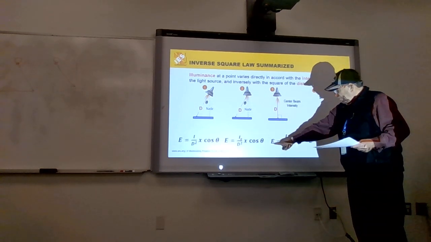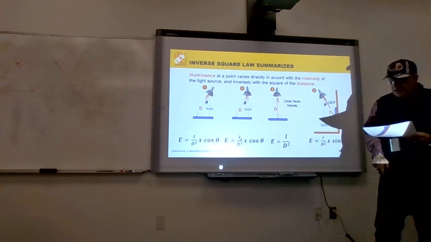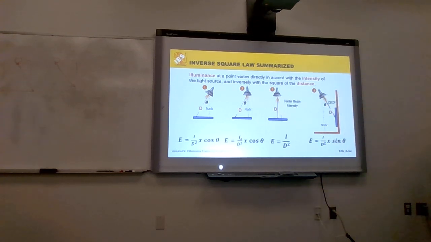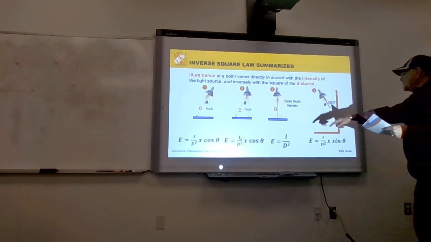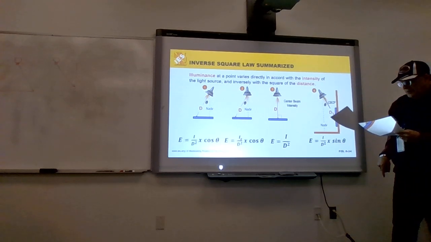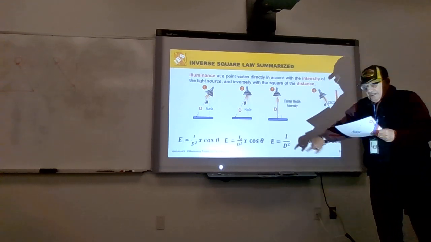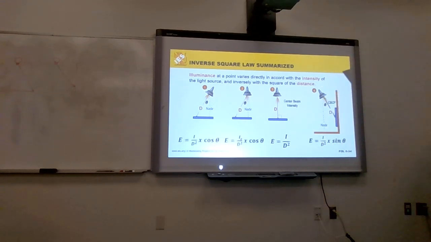Notice how the formula E is equal to I divided by D squared. All right. So, E is equal to foot candles. Okay? I is equal to candle power. And we're going to put 6,000 in that box. And we're going to put 10 times 10 in the bottom box.